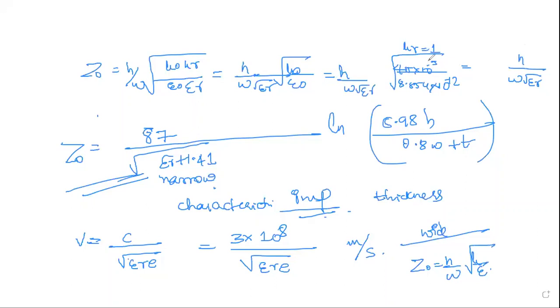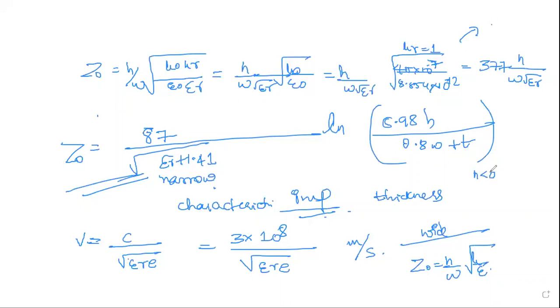Four pi into 10 power minus 7 divided by 8.854 into 10 power minus 12. This answer? 376.63. We consider it as 377. So this is for a wide microstrip line. Wide and narrow, the difference is only this much.